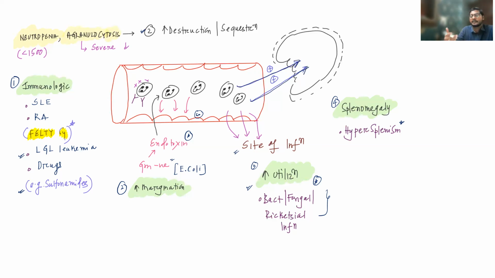It can pull up everything into itself, so that can be associated with neutropenia. Not only neutropenia, usually hypersplenism is associated with pancytopenia. So these are the causes of increased destruction or sequestration of the neutrophils causing neutropenia.